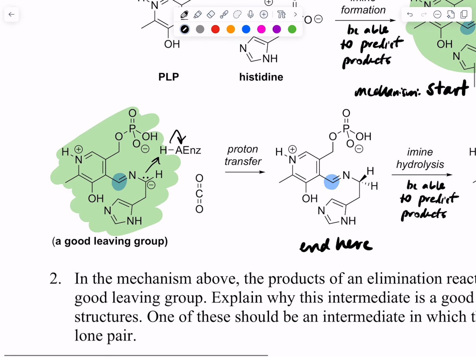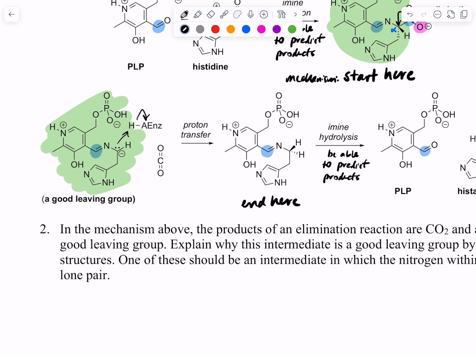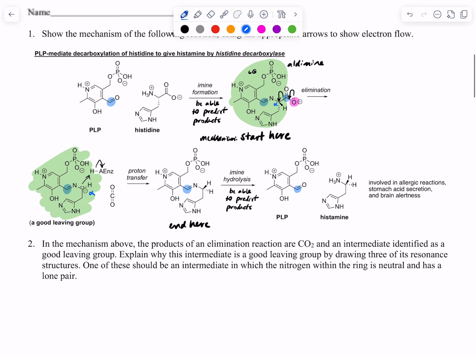So I'd like for you to demonstrate to me that this intermediate with a negative charge on the alpha carbon is indeed a good leaving group by drawing 3 resonance structures. There's more than 3 that you could draw, but on at least one of them, I want the nitrogen in the ring to be neutral and have a lone pair on it.